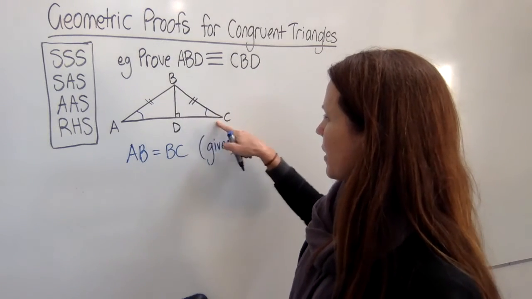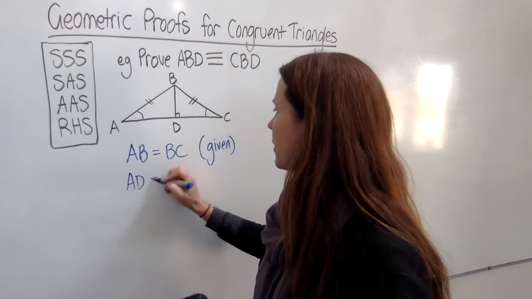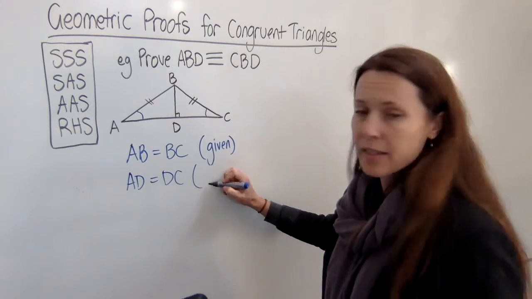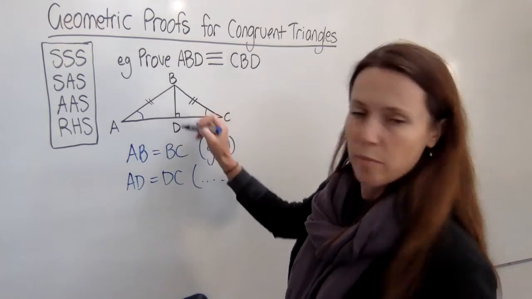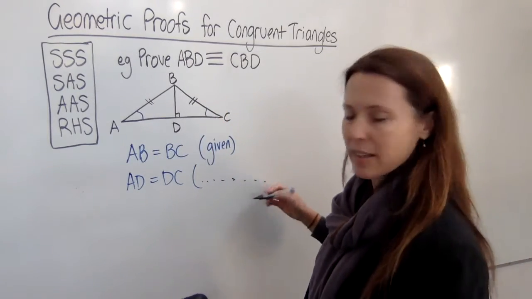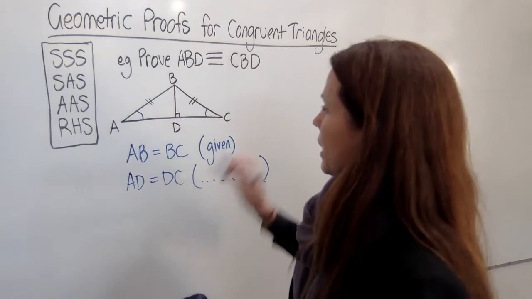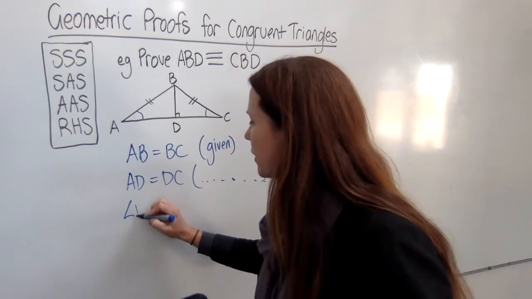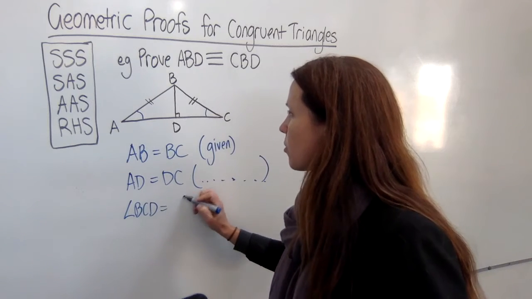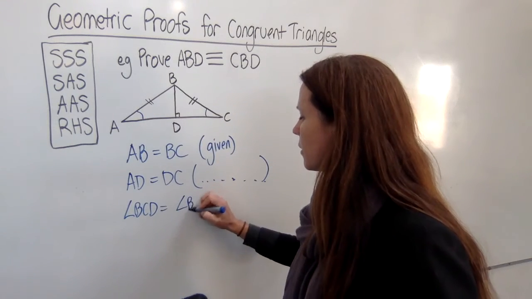I'd need to go, all right, now the AD equals DC, and I'd give that same reason in brackets that I did before about the isosceles triangle and BD bisecting it. We've already written that down, so I'd put that. And then after that, I'd say angle BCD is equal to angle BAD.